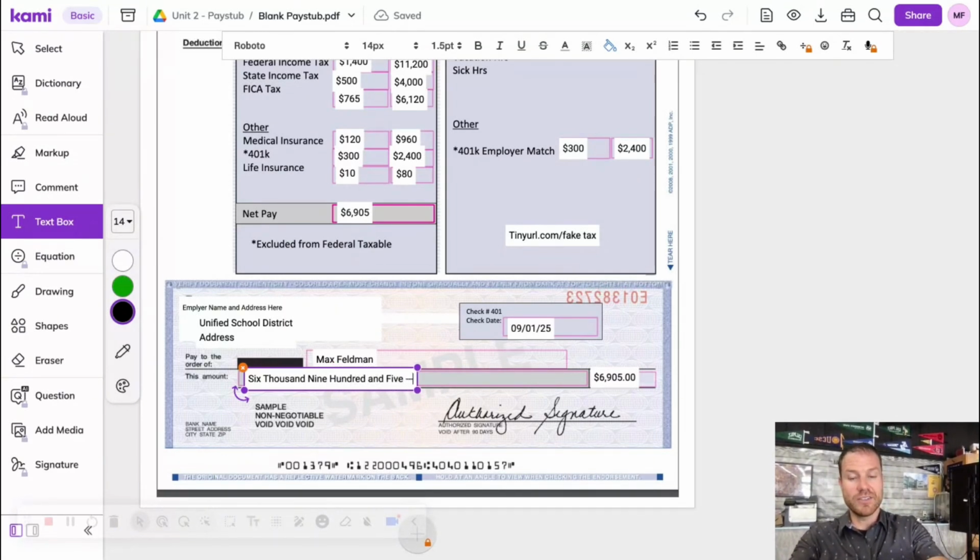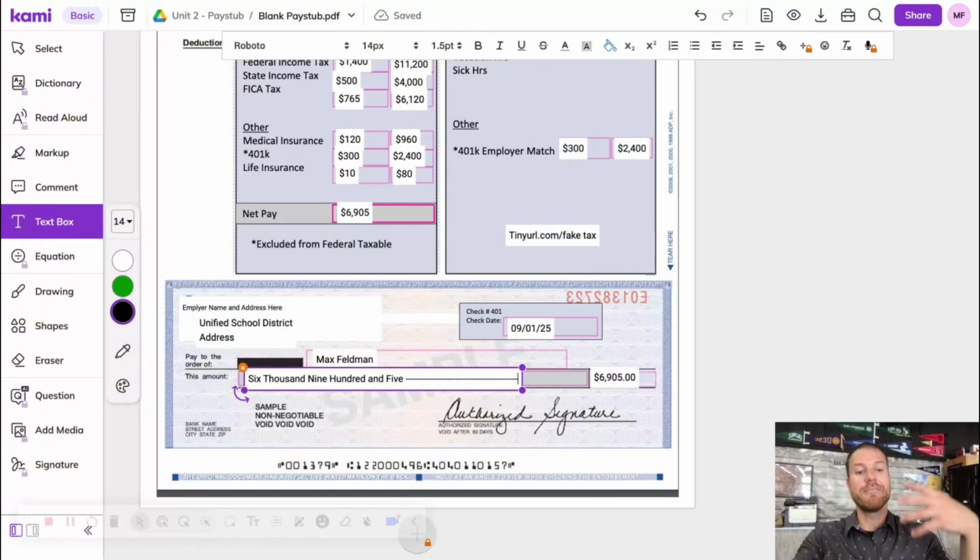But I don't just leave it there. I like to put a line all the way across so that I know that nobody can forge or adjust anything on that check. And since there is no change in this particular situation, you can go 00 over 100 pennies, and that shows that there's no change in this solution.